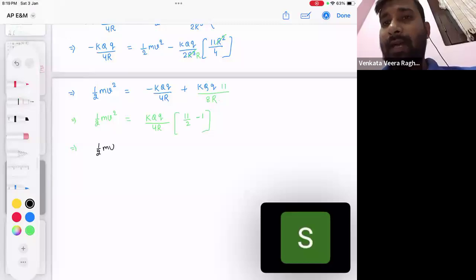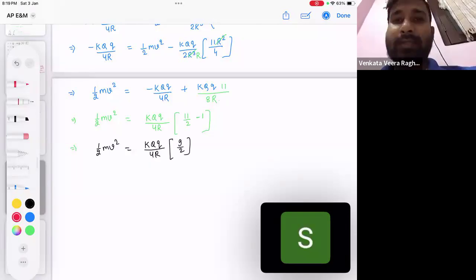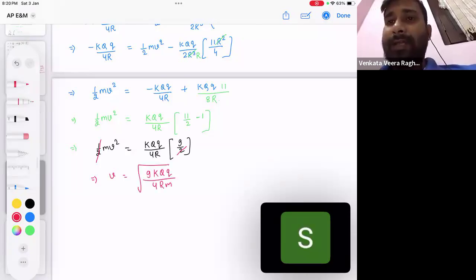Half mv square equals kQq by 4r and 11 minus 2, so 9 by 2 we have, right? Half and this 2 got cancelled out. So what is the velocity we have? Velocity is 9kQq by 4rm. This is the velocity of the charged particle at this point.